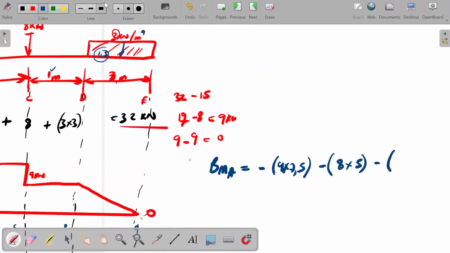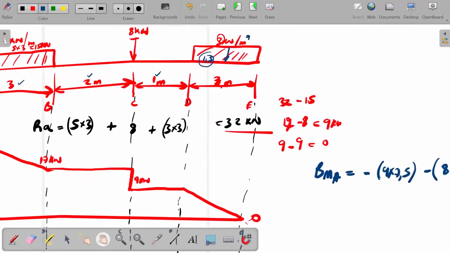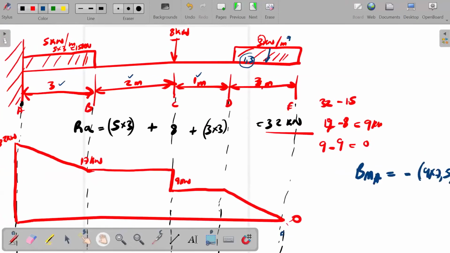Minus, we go to the last. Remember, this was 5 kilonewtons per meter. So it's going to be 5 times 3, that's 15, times what is the distance now from A, right at the center? This is 3 meters, so at the center is 1.5.